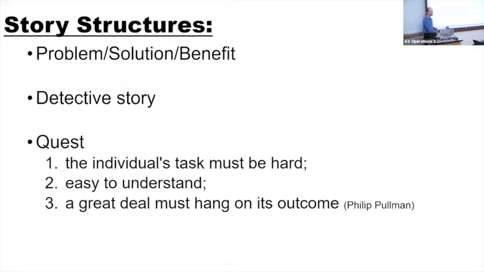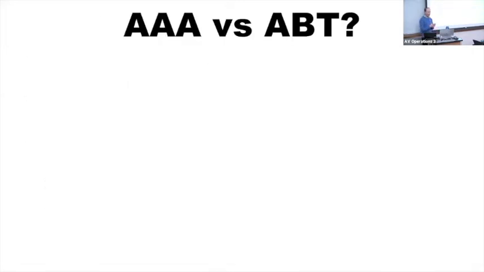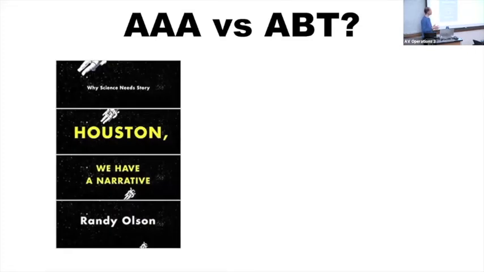All right, so I want to move now to the AAA versus ABT. The AAA approach is taken from this book called Houston, We Have a Narrative: Why Science Needs a Story.